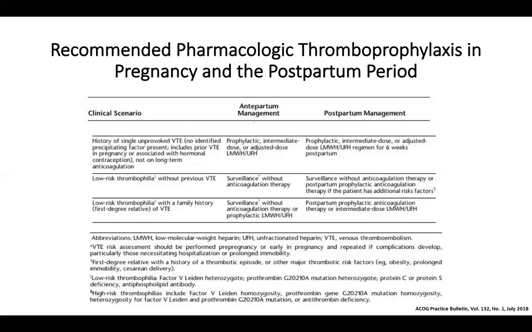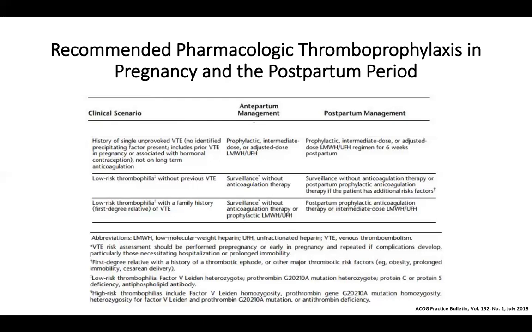But if you look at the top box here, this is the part that I think makes it a little bit harder. When you have a clinical scenario and the suggestion is do any of the 3 you want to. Do prophylaxis, do an intermediate weight-based dose, or do fully therapeutic.